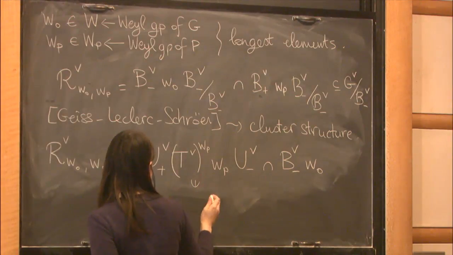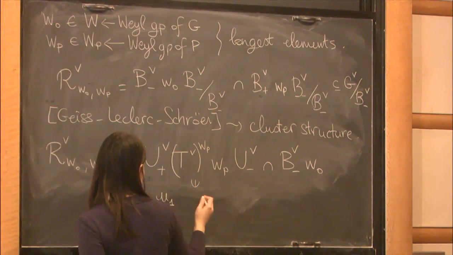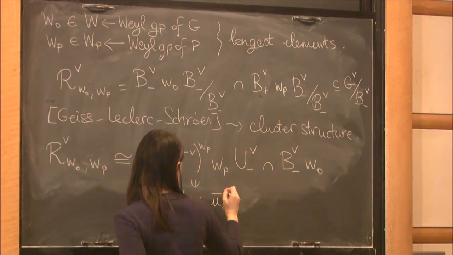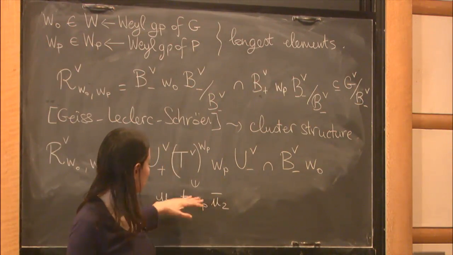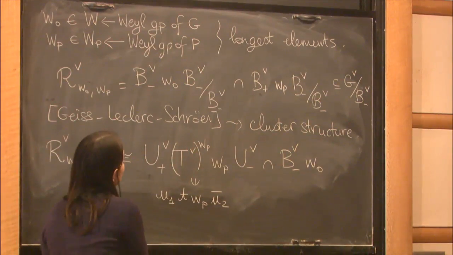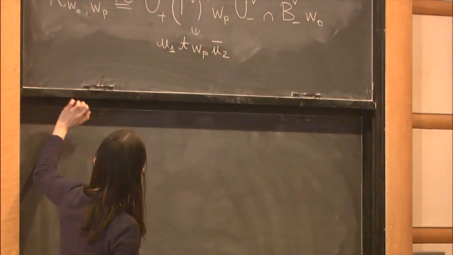So U1 T WP U2 bar, and of course there are conditions so that this together belongs to that.